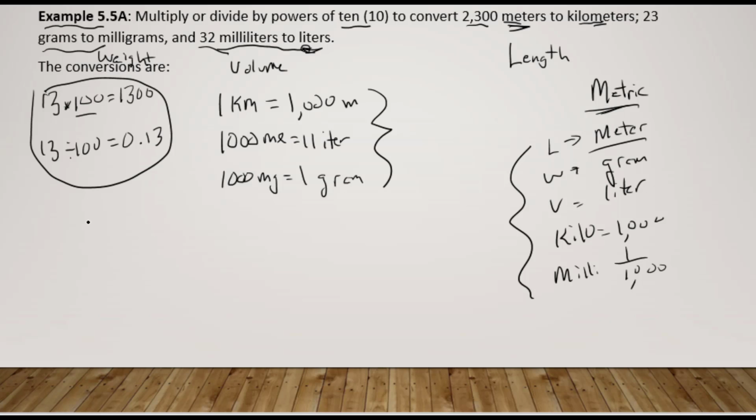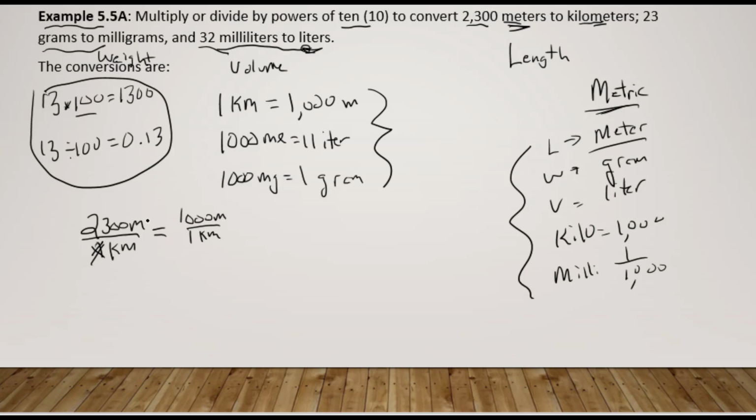So let's take 2,300 meters. I'm going to find out how many kilometers that is, knowing my conversion of 1,000 meters equals 1 kilometer. Well, that's an X, right? I don't know how many kilometers 2,300 meters is, but I do know my conversion.